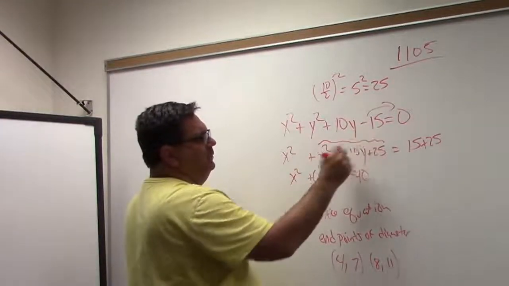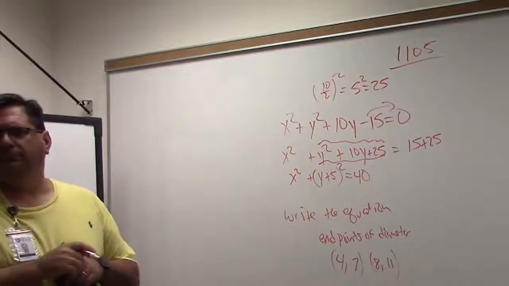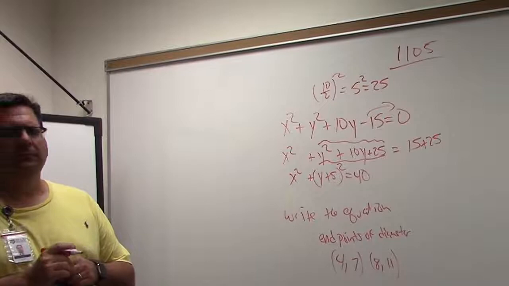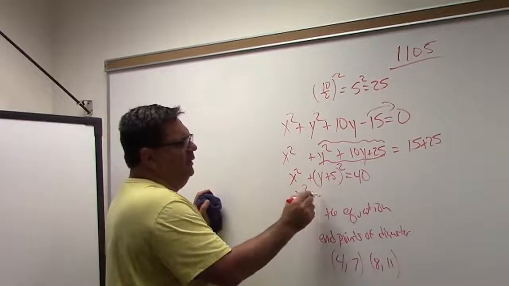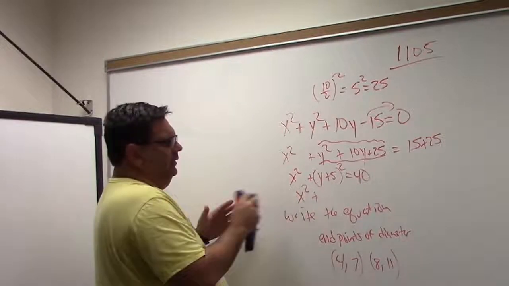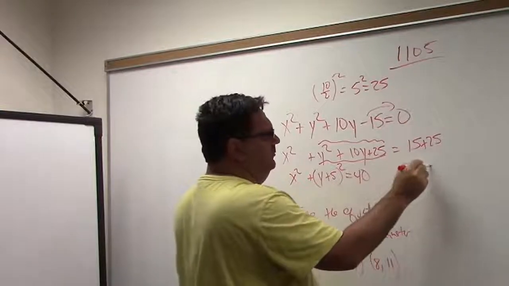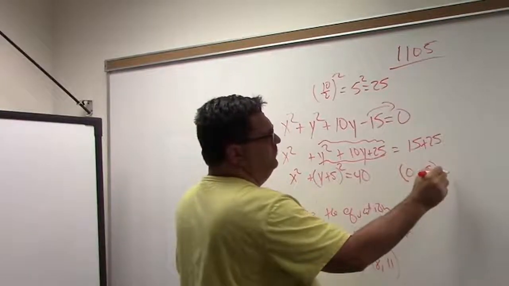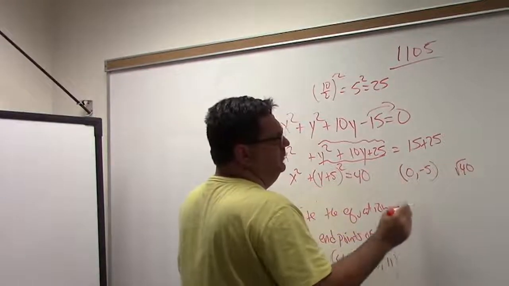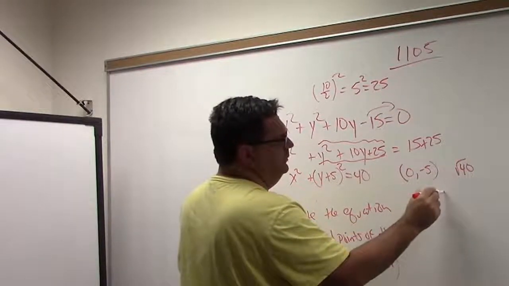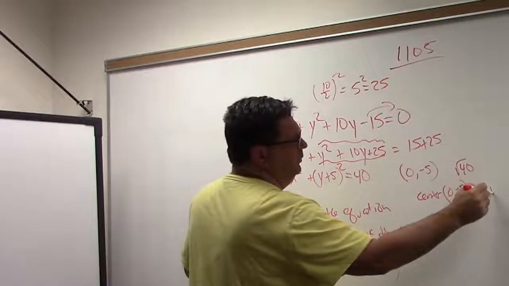This factors to y plus 5 squared. Oh, okay. So now what's the center? The center is at 0, -5. The radius is the square root of 40. So the center is at 0, -5. The radius is 2 square roots of 10.